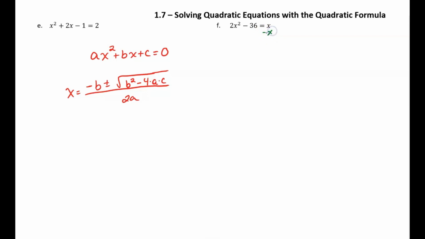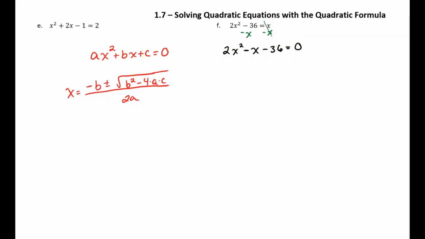So to do that, I'm going to subtract x from both sides. So on the left now, I'll have 2x squared minus x. It was a positive over here, so I subtracted to move it over. Minus 36 is going to equal 0, since x minus x cancels away to 0.